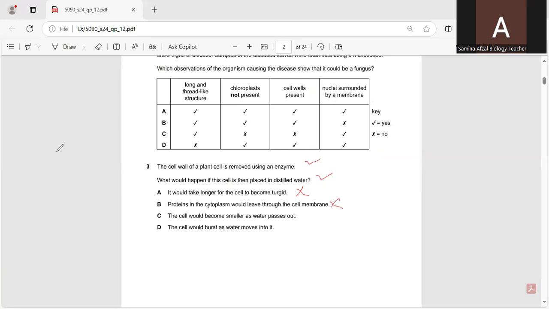Would the cell become smaller as water passes out? No. If we keep the cell in distilled water, water will enter the cell, and after some time it will burst. So D is the correct option, as the cell wall protects the cell from bursting. But if the cell wall is not there, the cell will burst.